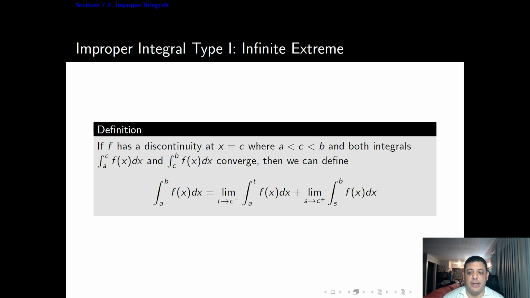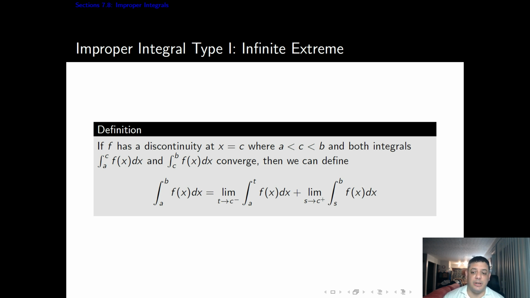Okay, so we also have a third case where we can consider that this discontinuity is not at the extremes, but is going to be in the middle of a and b. And so what we do is we consider what happens if we take the integral from a to c of f of x and from c to b.